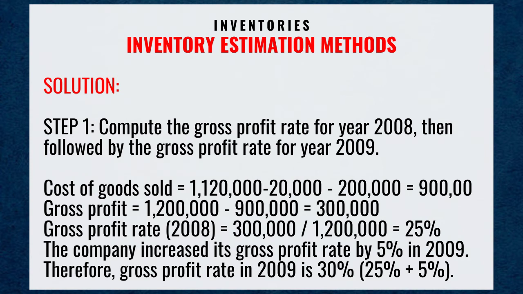Gross profit rate 2008 is equal to 300,000 divided by 1,200,000 is equal to 25%. The company increased its gross profit rate by 5% in 2009. Therefore, gross profit rate in 2009 is 30%, 25% plus 5%.